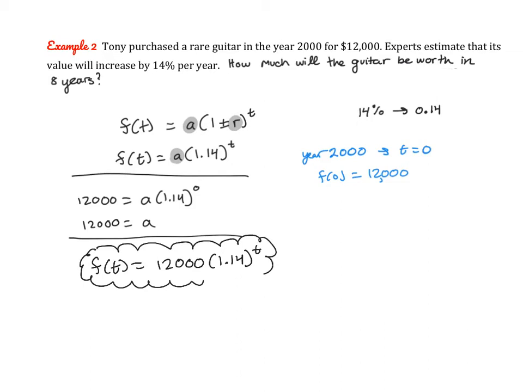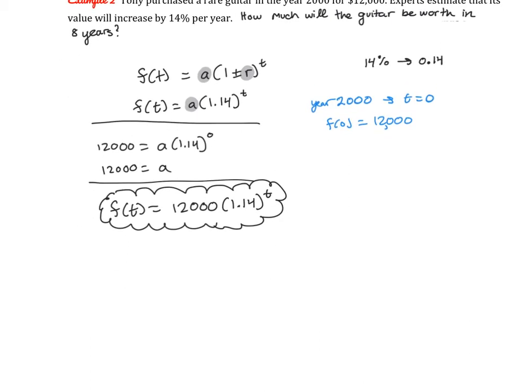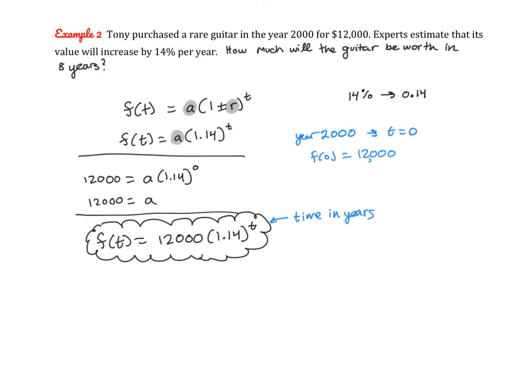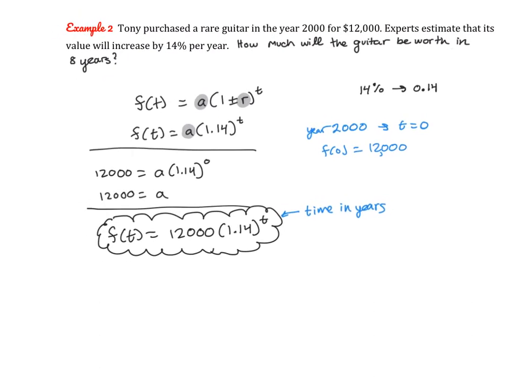Using this model, we can figure out, for any given time in years, that's our input, how many years Tony has owned the guitar. Our y value, or our output right here, is going to be the value of the guitar.